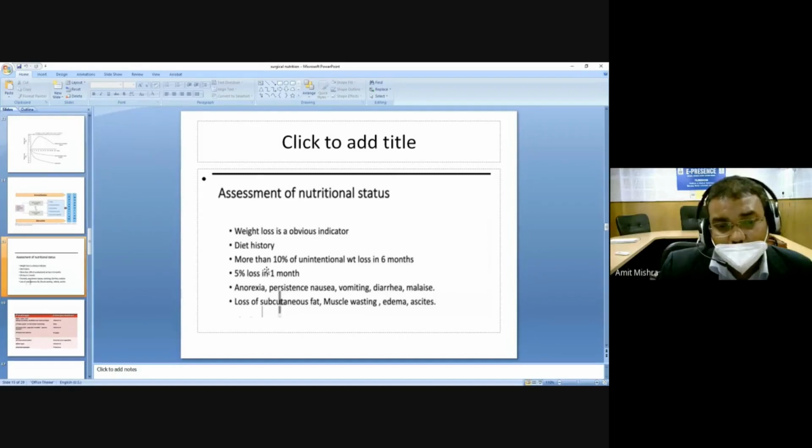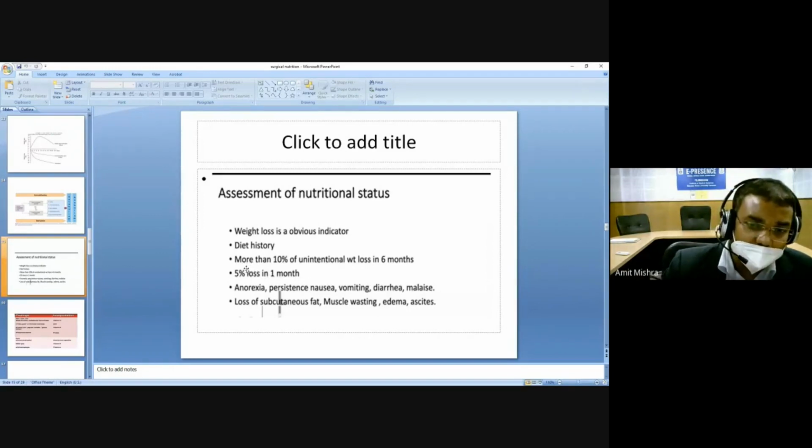Even after a proper and normal diet, there is a weight loss of 10% in 6 months. That is called significant weight loss, or a 5% loss in 1 month. Okay, that's an important parameter.